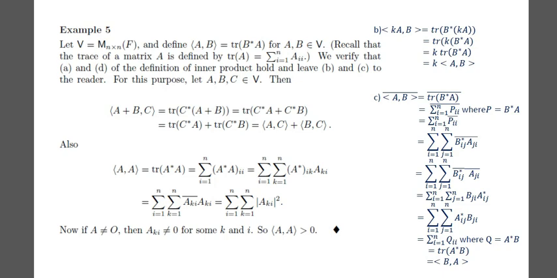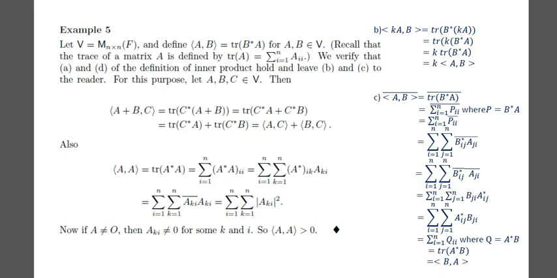Now trace of B star A is the sum of all diagonal entries, so we are writing that as summation i equal to 1 to n of Pii bar. Now using the property of complex numbers, this is the same as summation i equal to 1 to n of Pii bar. Now Pii is what? (B star)ij into Aji bar. Now we are separating the bar, we have (B star)ij bar and Aji bar. Now see, (B star)ij is conjugate transpose and we have one more bar.